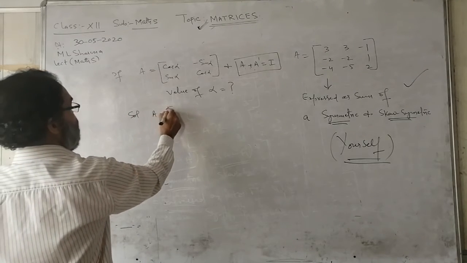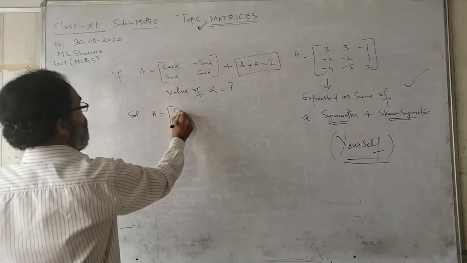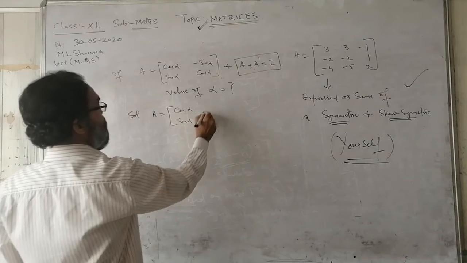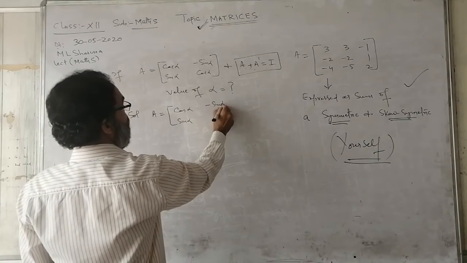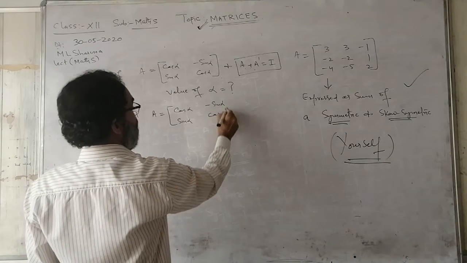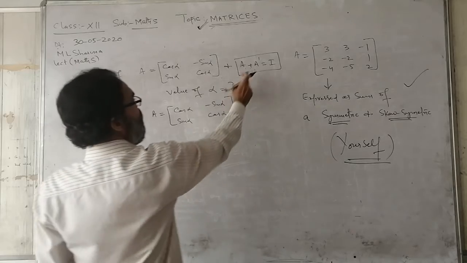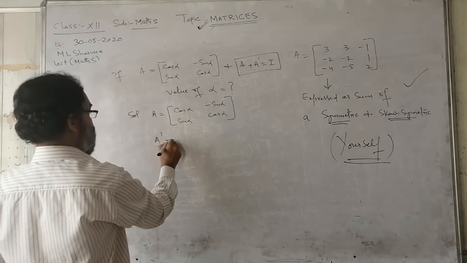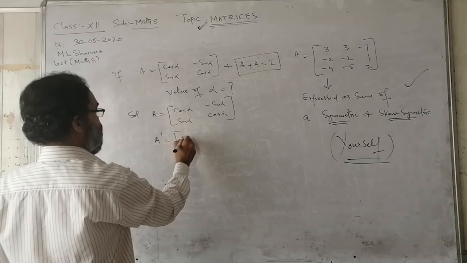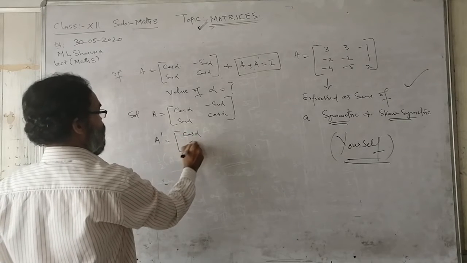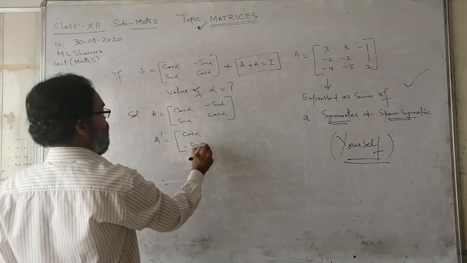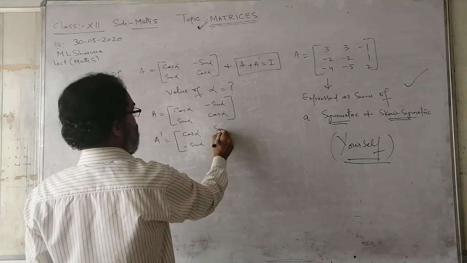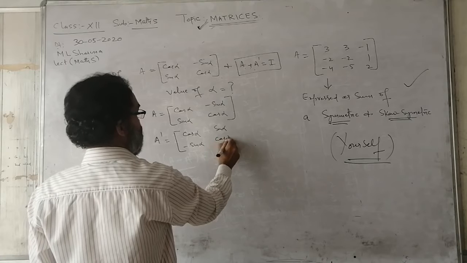This is simple to solve. The value of A is given: cos alpha, sin alpha, minus sin alpha, cos alpha. Can you calculate the value of A transpose? It is cos alpha, sin alpha, then sin alpha, cos alpha.